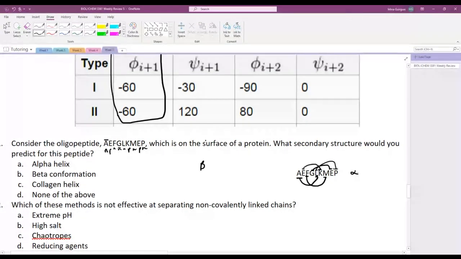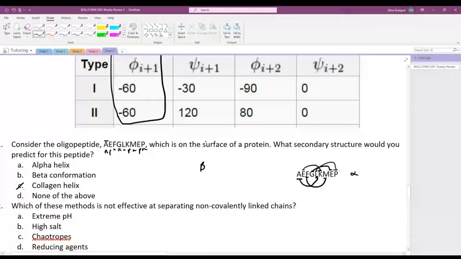A collagen helix is not really one we talk about often. It's not one that I mentioned because it's a very minor secondary structure. And so I'm actually going to turn it over to the two of you. What do you think? Which one do you think it might be?